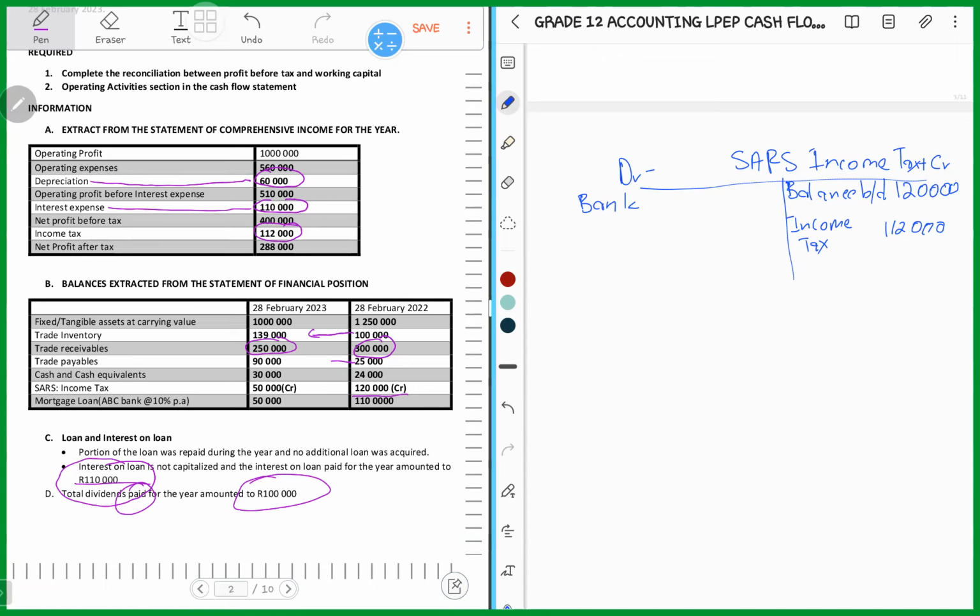That'll be your taxation paid for the year. Then now remember here, they said that there is also another credit balance here. So we are still going to bring the credit balance.